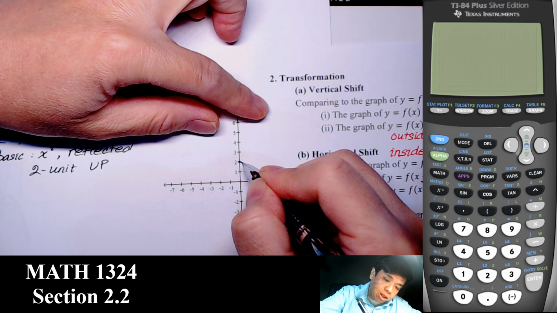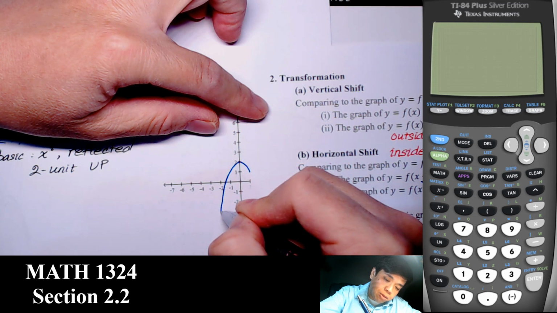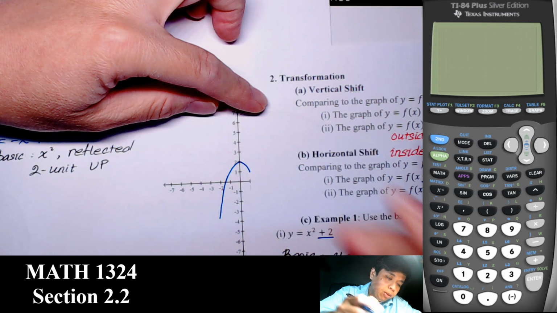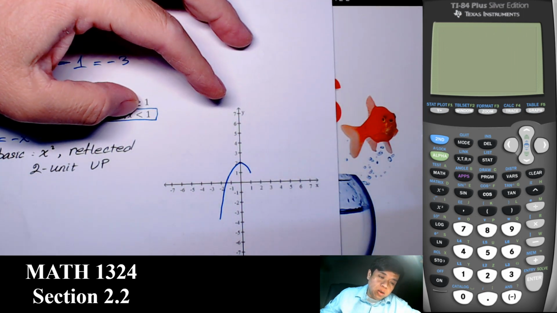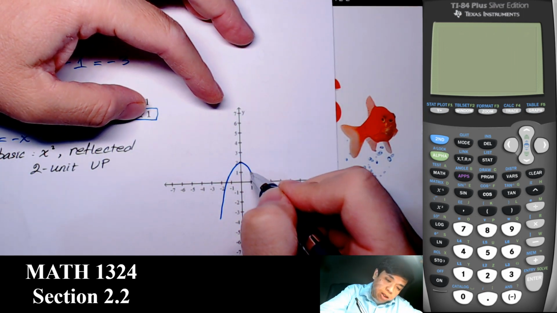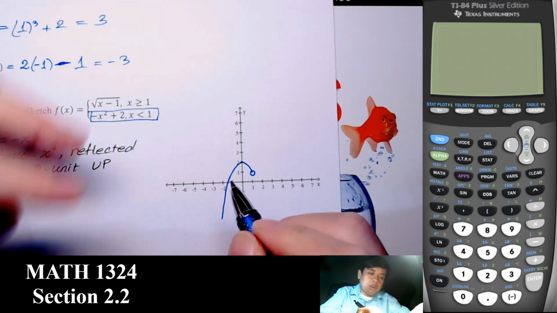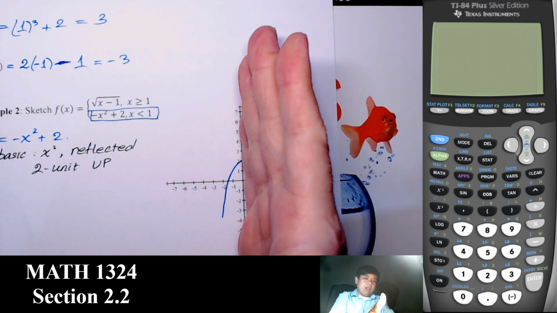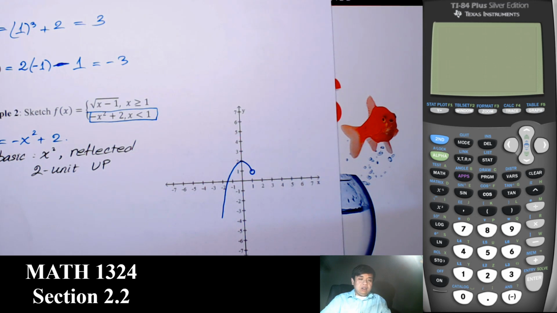So it will be this. It has no equal sign, so the empty circle. Right, so we have that part. When it's less than 1, we have that open down and 2 units up.